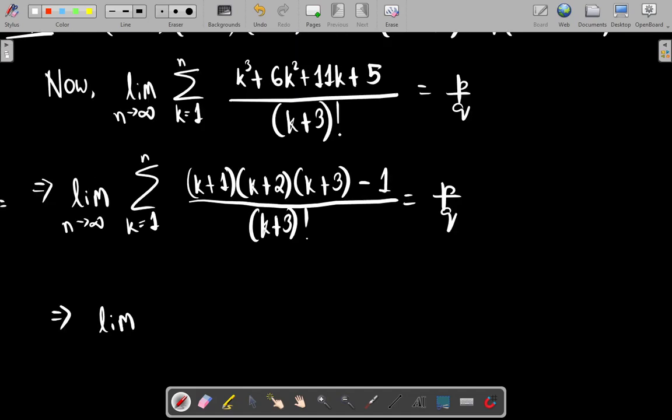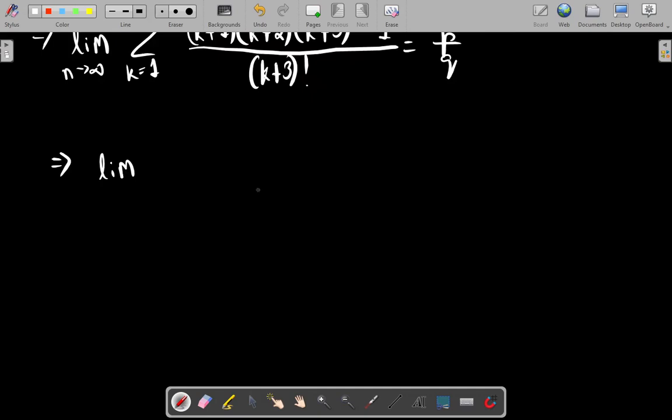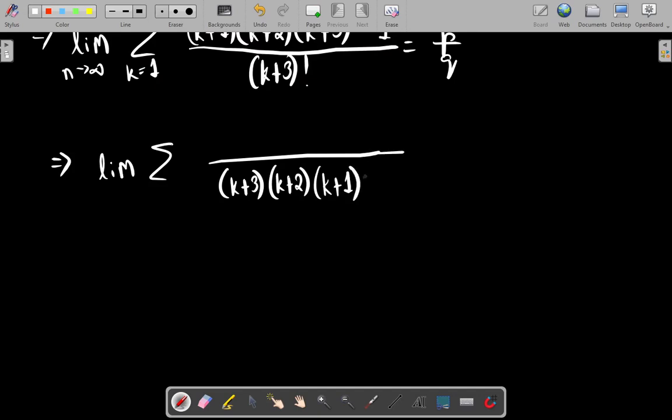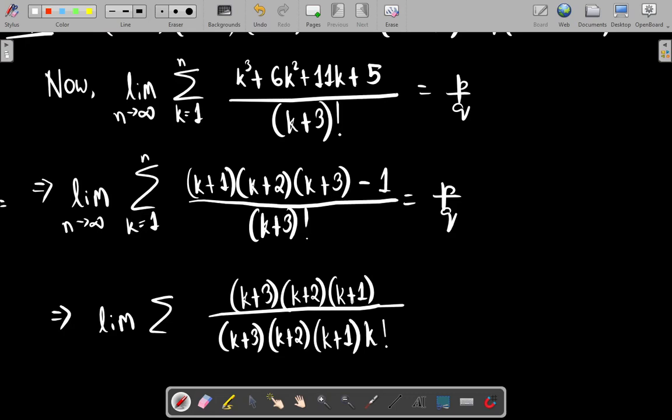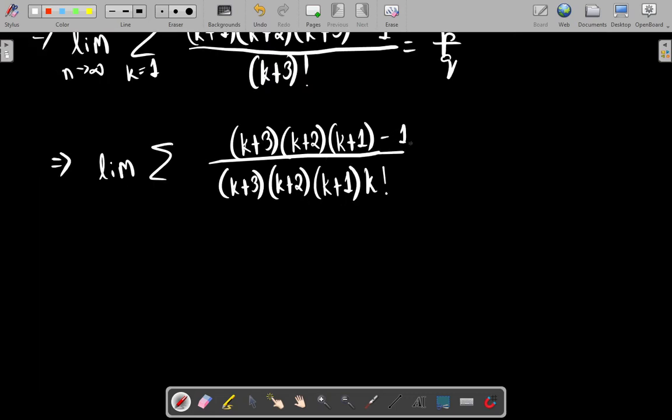Now, if I try to separate these fractions, I can write (k plus 3) factorial as (k plus 3) times (k plus 2) times (k plus 1) times k factorial, and the numerator is (k plus 3) times (k plus 2) times (k plus 1) minus 1.